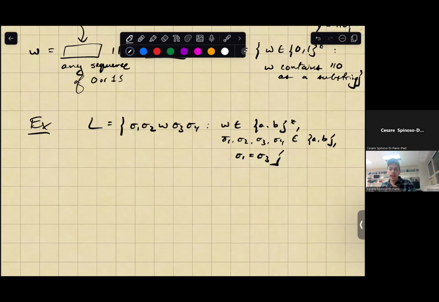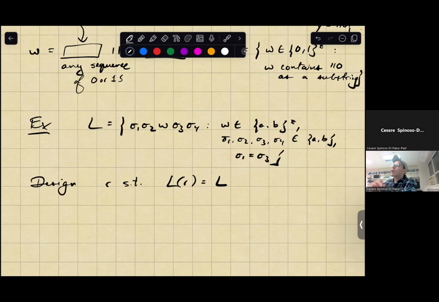So this language is strings which have at least 4 letters, at least sigma 1, 2, 3, 4, and the first letter of that string matches the before-last letter of that string, okay? So now I want to design a regular expression R which denotes exactly L, right? I want to design an R such that the language denoted by R is exactly L. The strings that match with R are exactly the strings in L, and only the strings in L.